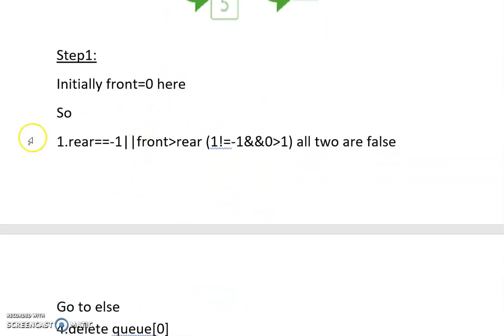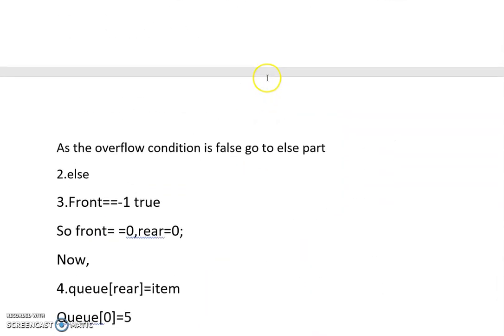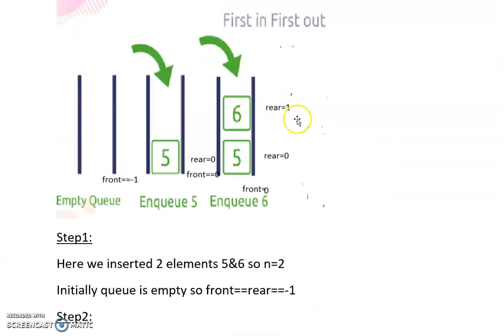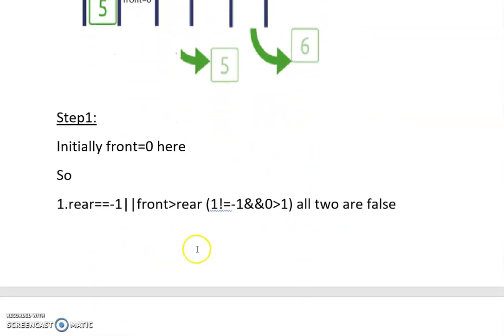Front equal to 0. So rear equal to minus 1 or front greater than rear. That means we are checking the condition here, whether Q is underflow or not. We know that the rear value is 1. 1 is not equal to minus 1.